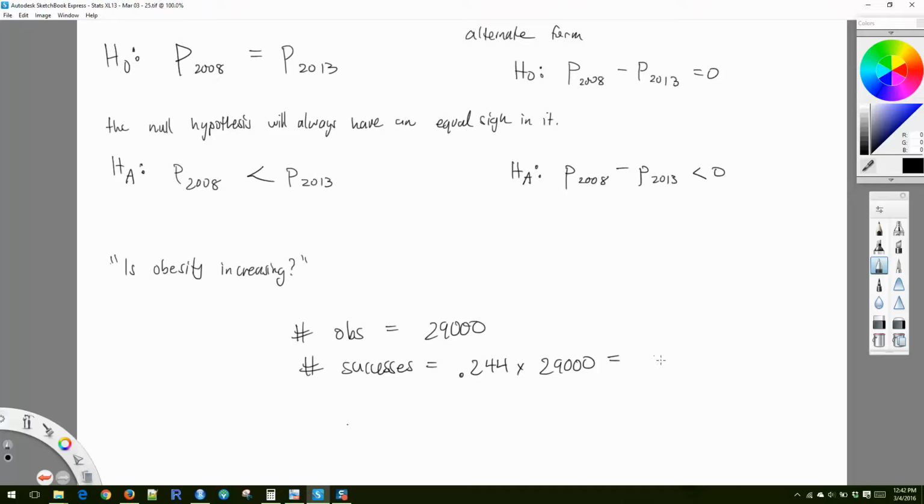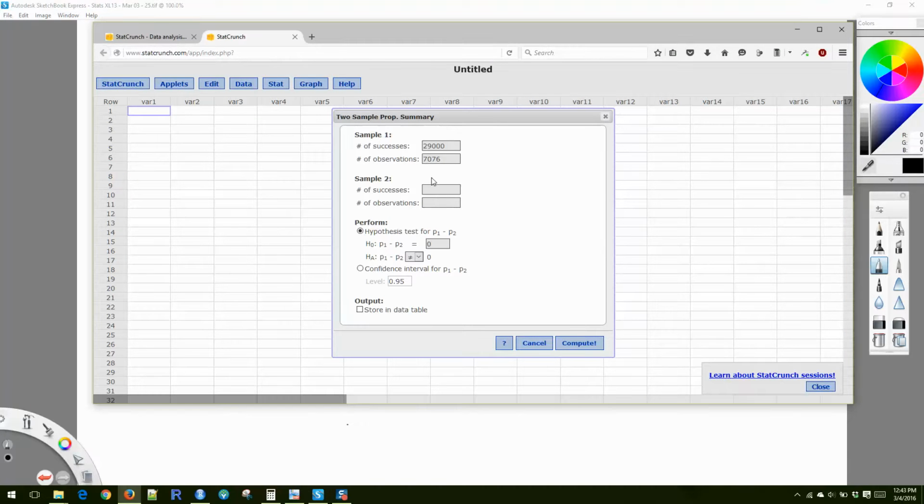We would get 7,076. Okay, and we would do the same thing for sample 2, 29,000. It's supposed to be flipped? Yeah, because there's 29,000 observations, not successes. Oh, yeah, you're right. Okay. 7,076, 29,000. Thank you. 7,743, 29,000.